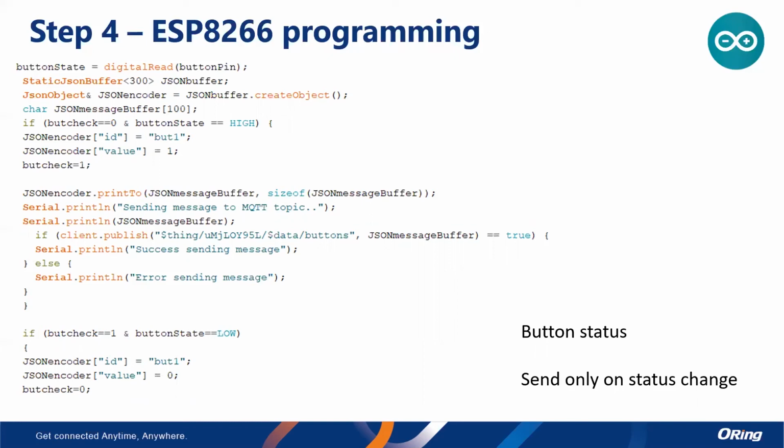So in this case, we are using the JSON library and encoding the information about the button status from the digital input of the module port, and we are publishing this information to our topic, which is in this case thing ID, data, and buttons, because as you remember, buttons represents our data bucket, and later but1 is our data shape.